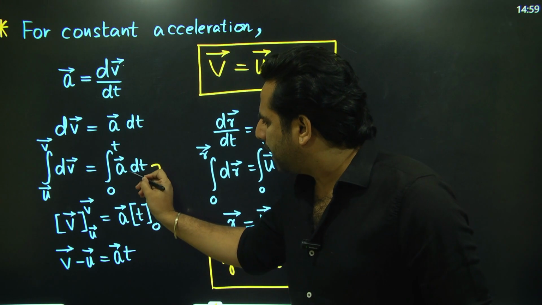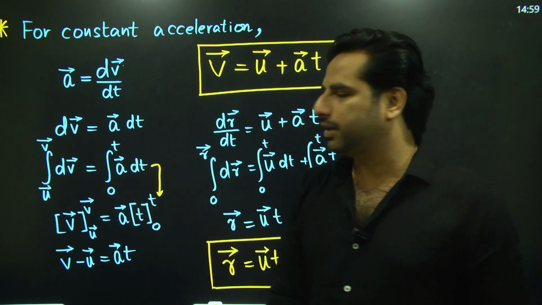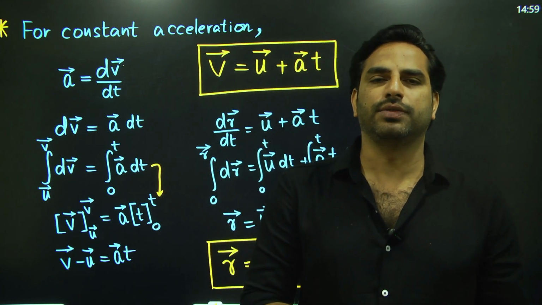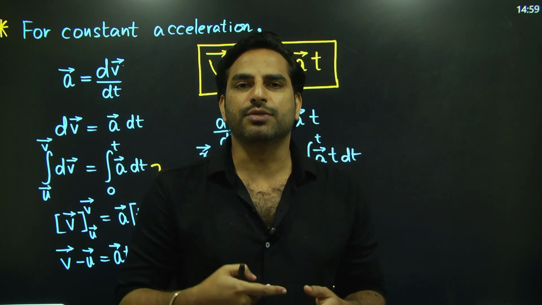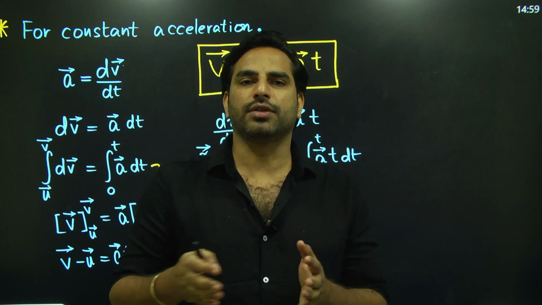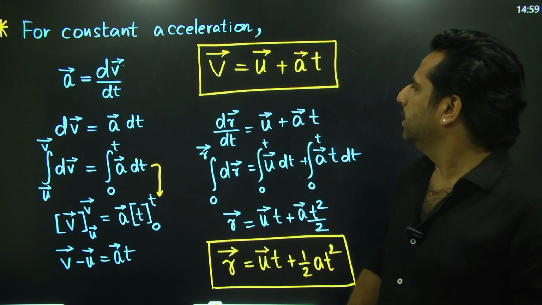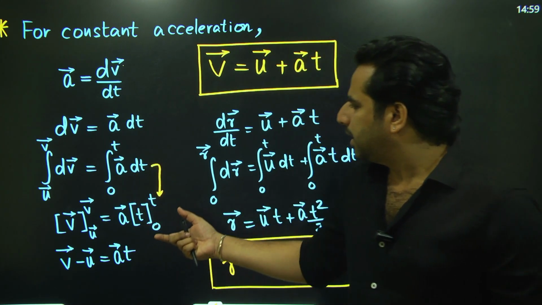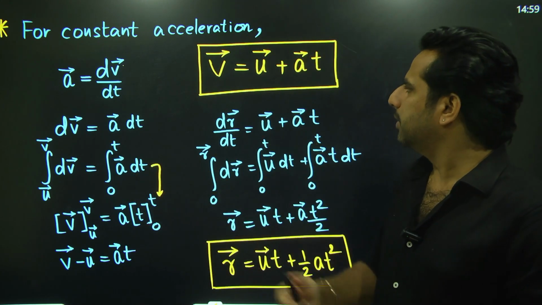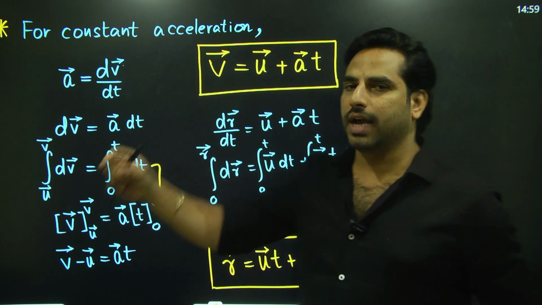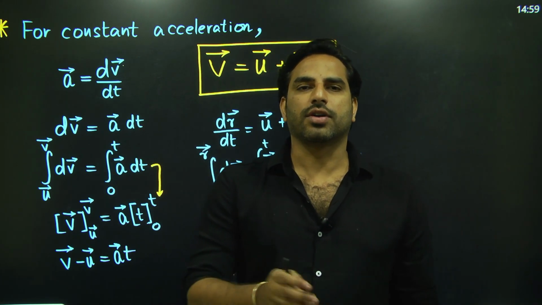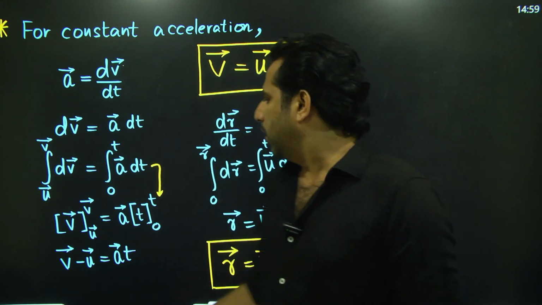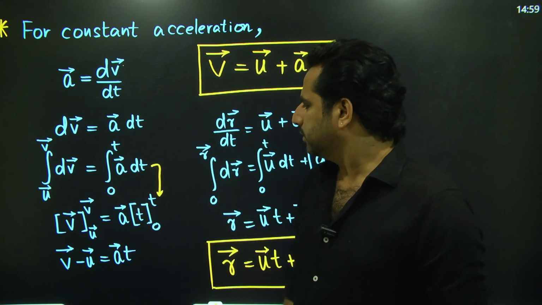If you observe, I am bringing this a bar out of integration because acceleration is constant and it is independent of time. If acceleration is variable, it is a function of time, then I cannot do this. The equations of motion would change. So the set of equations that I am deriving here are valid only if acceleration is constant. Acceleration of the particle or the body is constant. Only then I can bring this a bar out of integration.